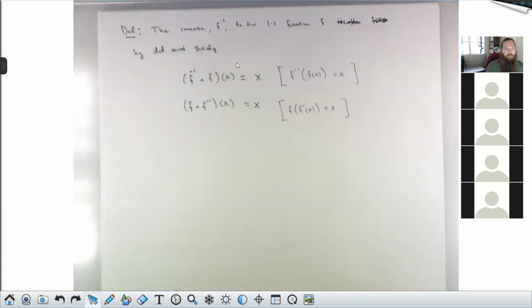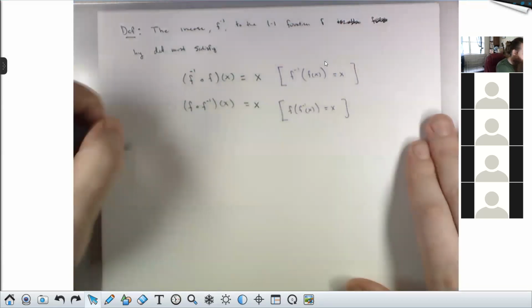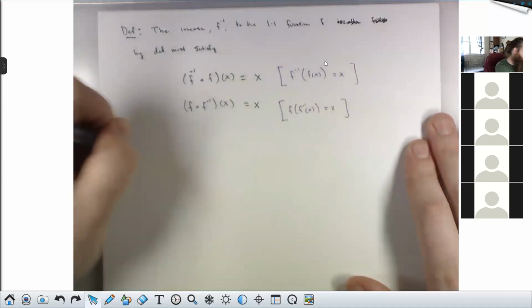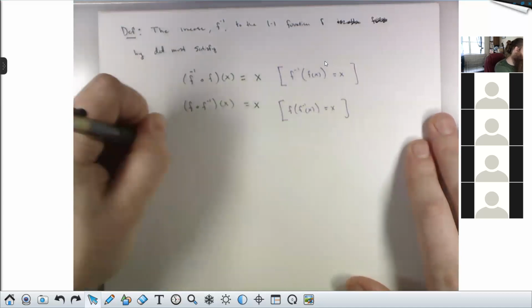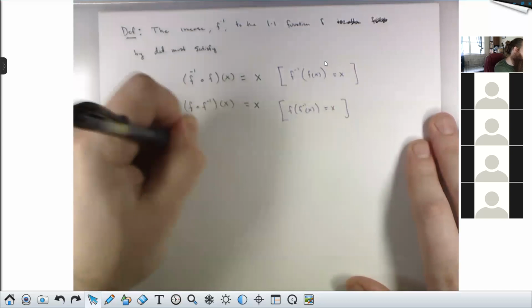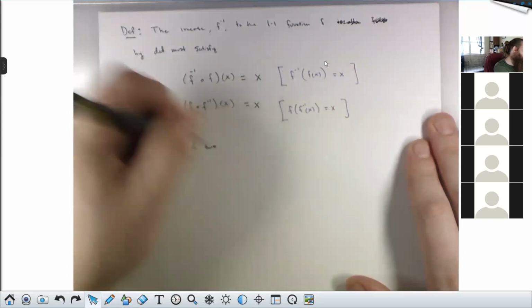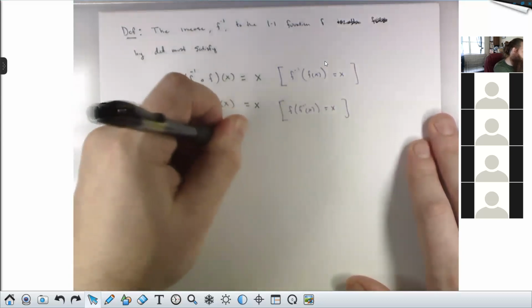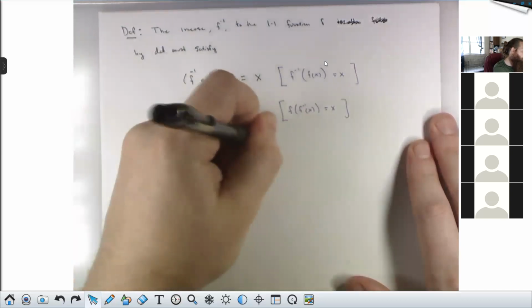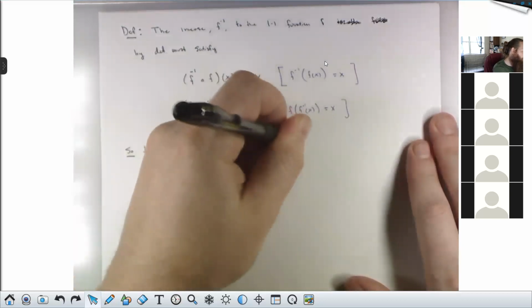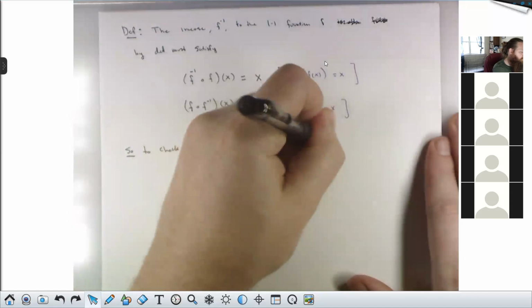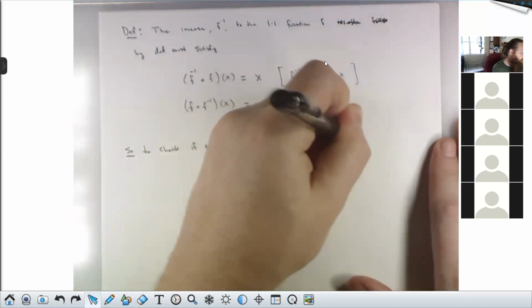So in other words, if you want to check whether or not you have two functions which are inverses, we compose them.